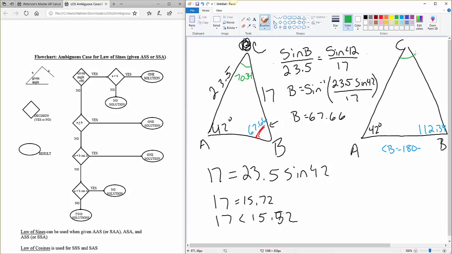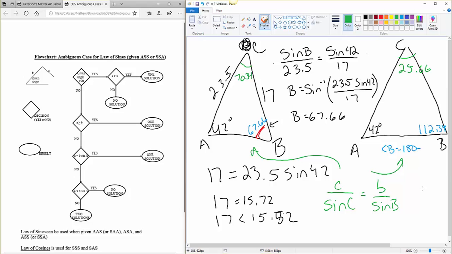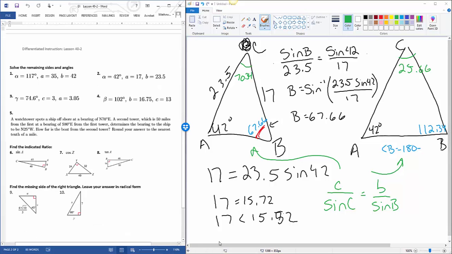To find this angle C right here, 180 degrees minus the other two, so 42 minus 112.34, and so that's going to give me 25.66, and then C over sine C equals B over sine B. That's one, or you can do A over sine A, it doesn't matter, but I have to do that for both of these to then find what my C is going to be. Alright, next one.